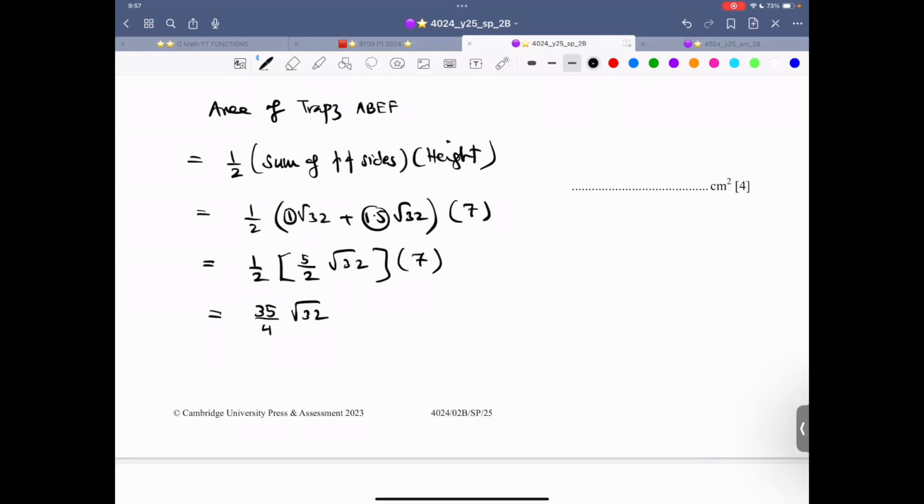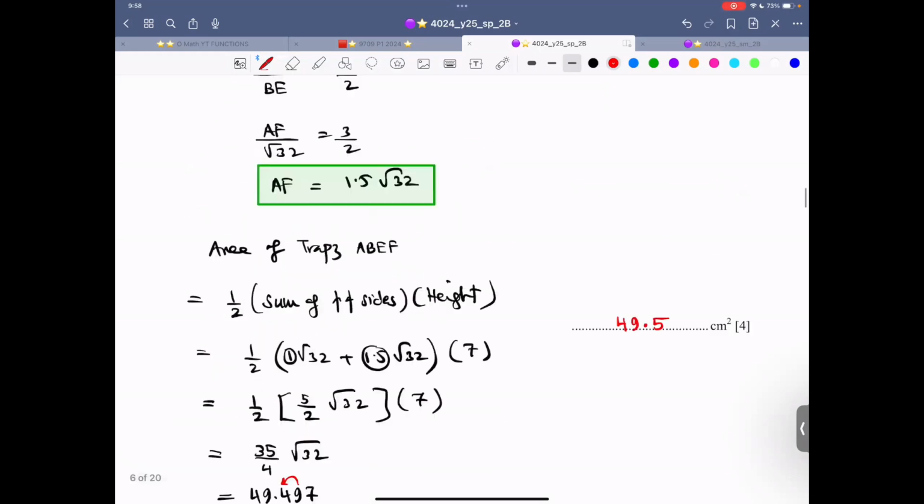Multiplying with 35 divided by 4. This comes out to be 49.497. This is the first, this is the second, this is the third significant figure, which is affected by the fourth one. So because of this, this will change. So this will be 49.5 centimeters square.